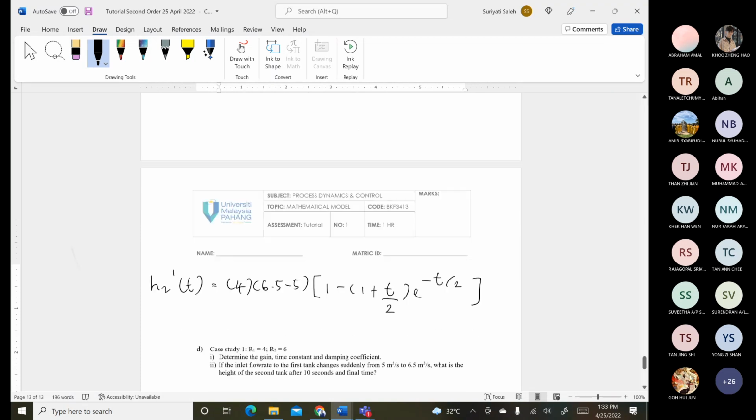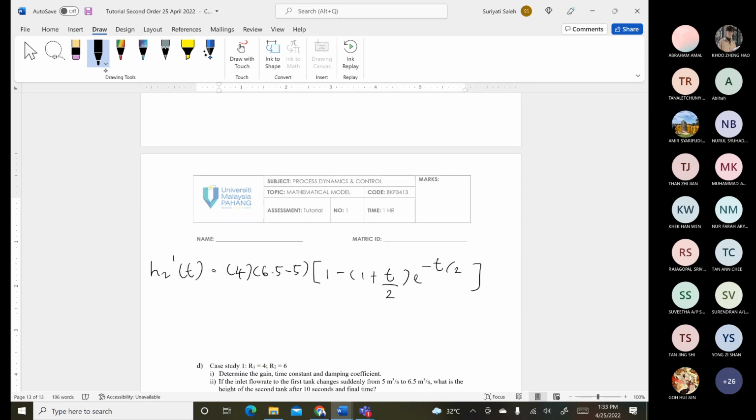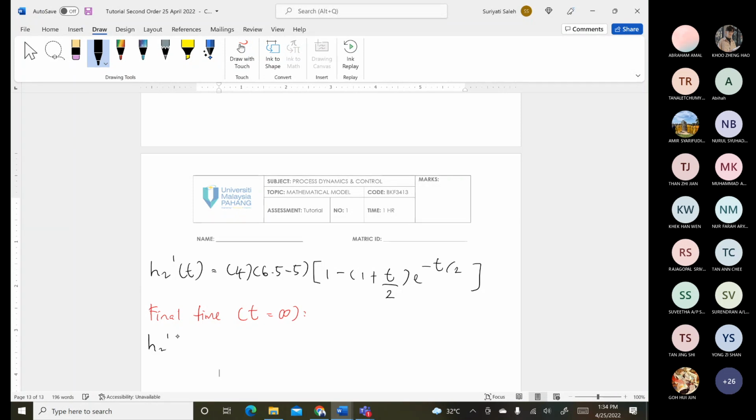So now the time is at the final time, t equal to infinity. So we just replace t with infinity, where this one has to time infinity minus equal to 4, 6.5 minus 5, 1.5, 1 minus 1 plus infinity divided by 2, exponent negative infinity divided by 2.